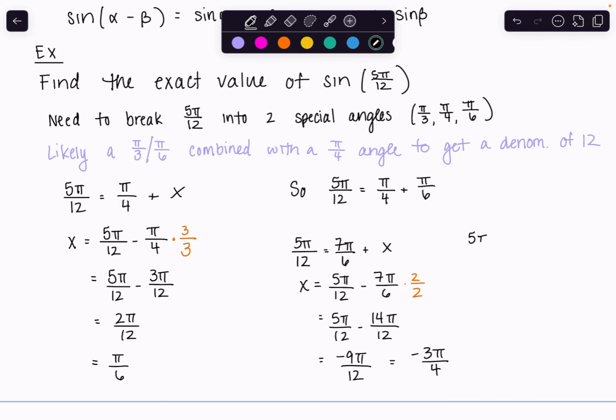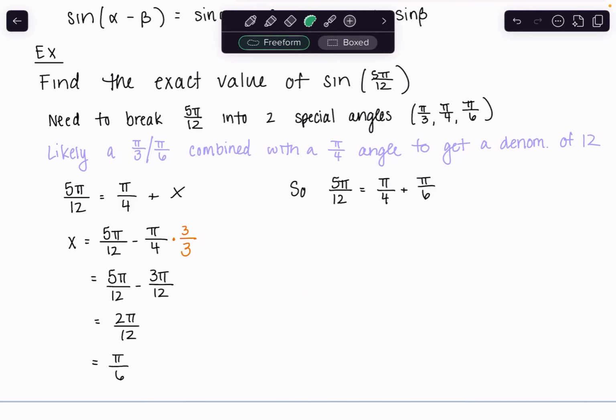So another way I could do this is by saying 5 pi over 12 is 7 pi over 6 minus 3 pi over 4. And then in this case, I would use the difference formula. And then I'd evaluate sine and cosine of each of these. Okay. But again, I like to keep it as simple as possible. So I'm always going to start with just one of those angles in quadrant 1 and see what does it have to equal.